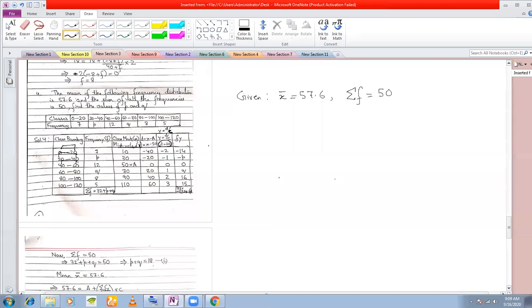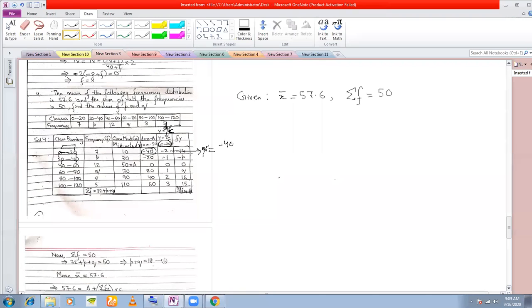So now my next column will be for y, because I'm doing it by the step deviation method. My next column is y is equal to deviation divided by class width, d by c. For the first one, d here is minus 40.